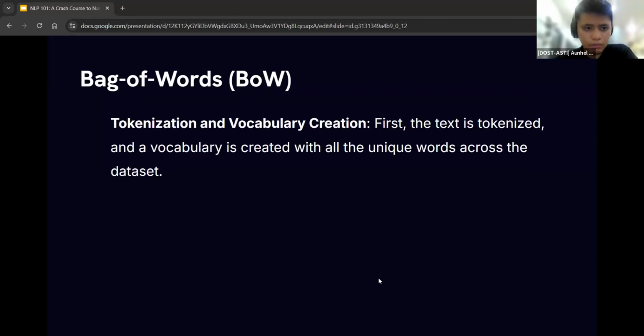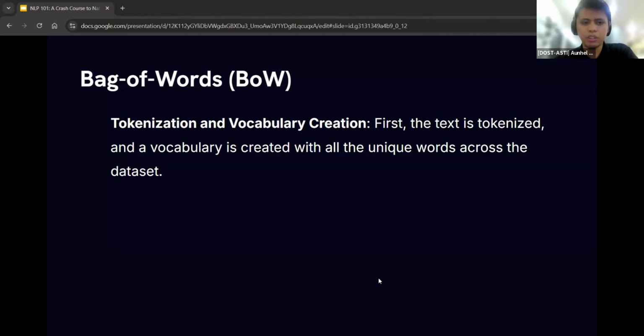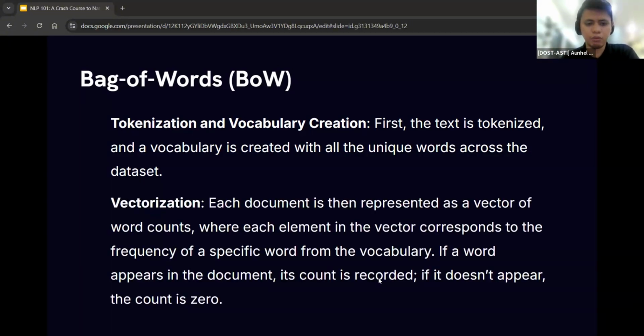How this works is we tokenize and create the vocabulary with all the unique words, and then we vectorize: each document is represented as a vector of word counts, where each element in the vector corresponds to a word. So we're basically creating a vector representation. If a word does not appear in the document, the count is zero.